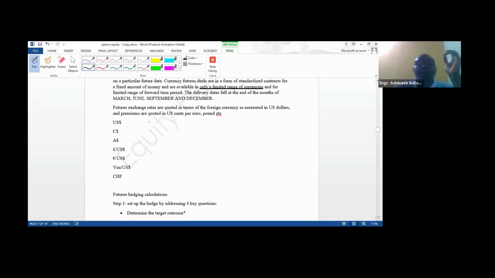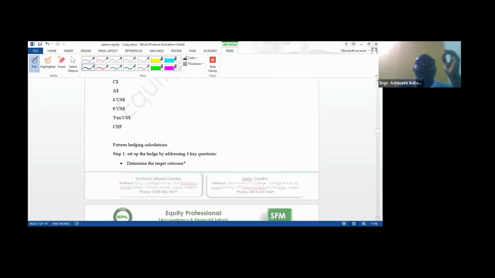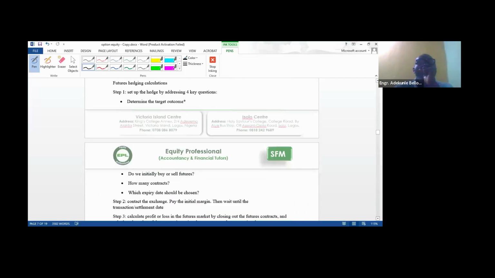Next. Steps involved when using currency futures contracts.